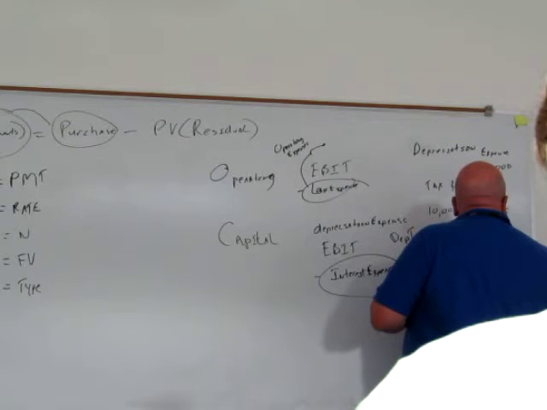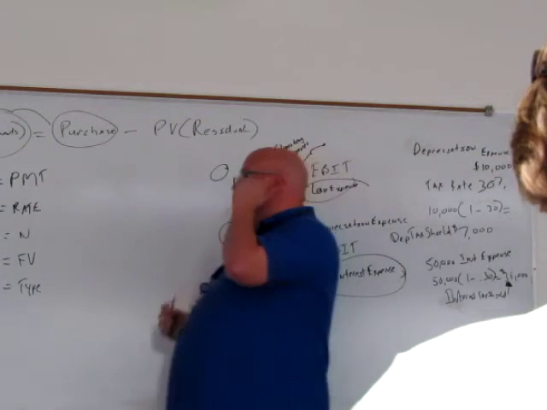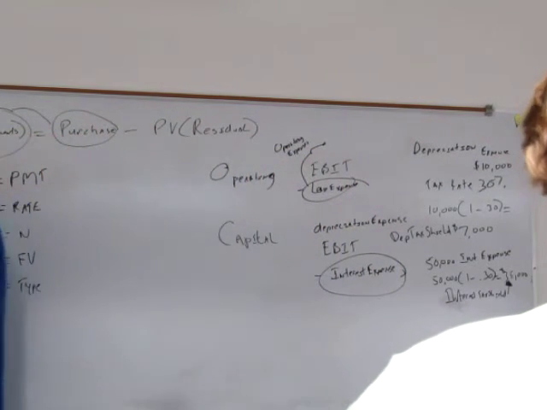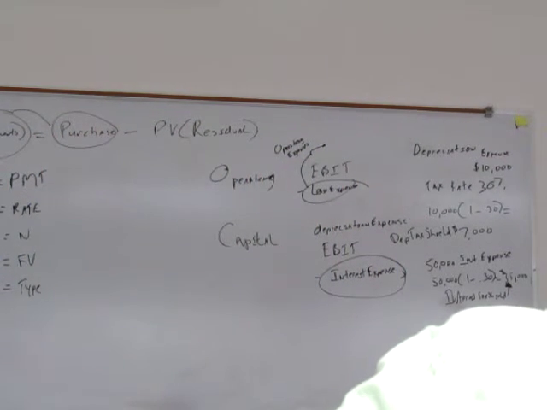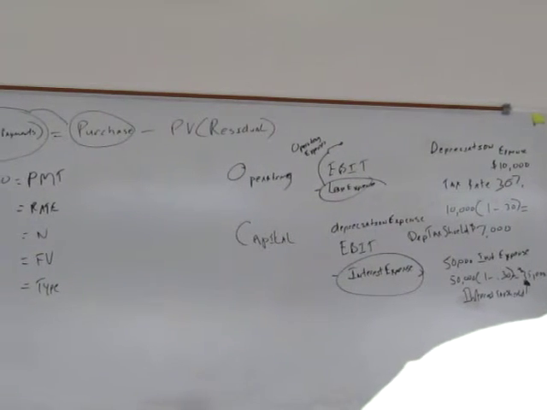Should these be considered when I'm doing an analysis of buying versus leasing? Well, if I'm getting up and putting them on the board, what do you think? They're a benefit to you, right? If I have a capital lease, how is that different than buying it?